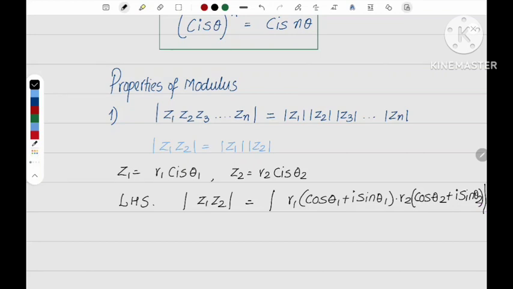So this will be equal to r1 r2, and this if I multiply I will get cos theta 1 cos theta 2, right? And you can multiply and check.